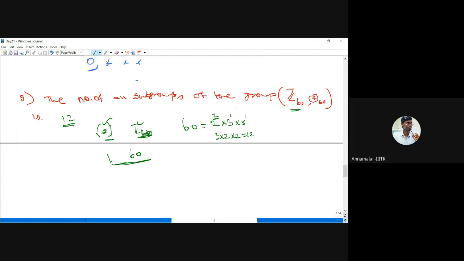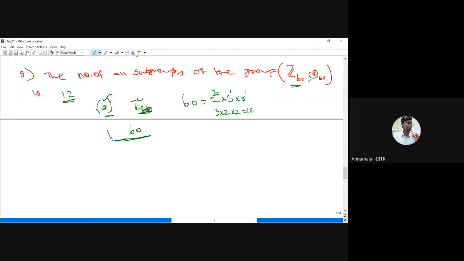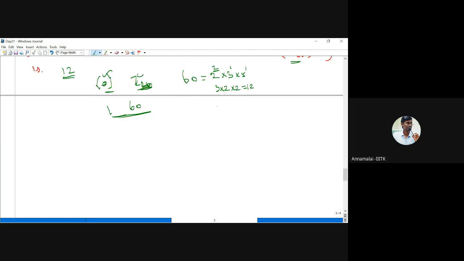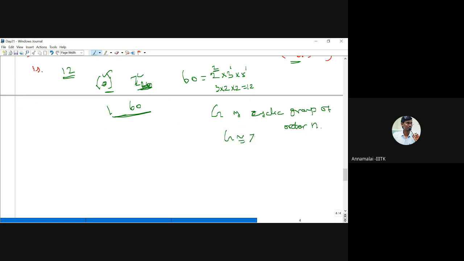So if you take any cyclic group, the number of subgroups of a cyclic group is nothing but the number of divisors of the order of the group. Suppose it is given that G is a cyclic group. The result is true only for cyclic groups, not for all groups. Suppose G is a cyclic group of order n, then we know by the theorem that G is isomorphic to Zn.